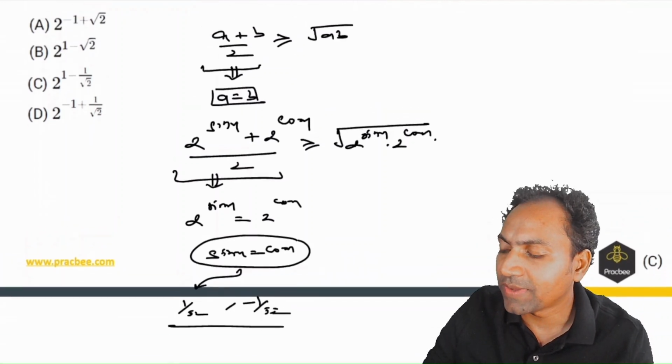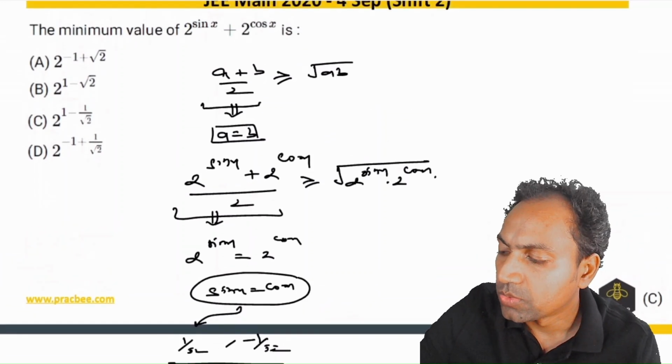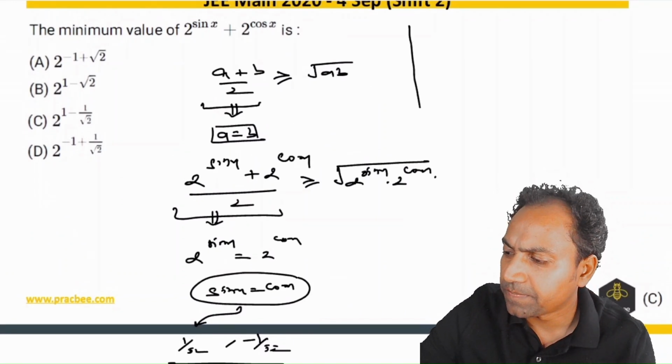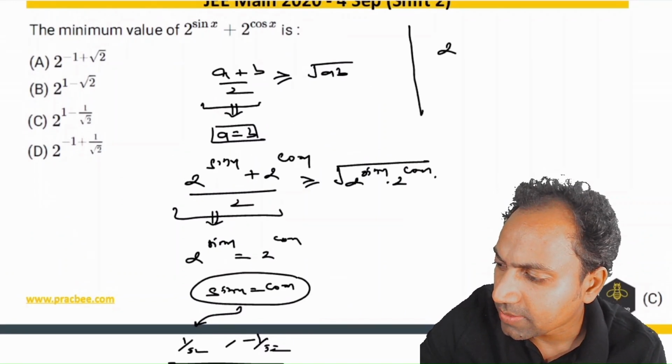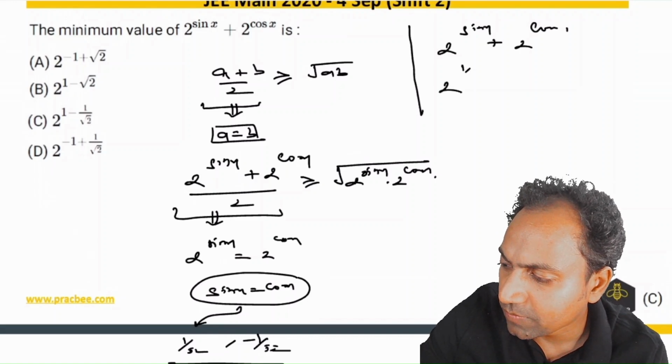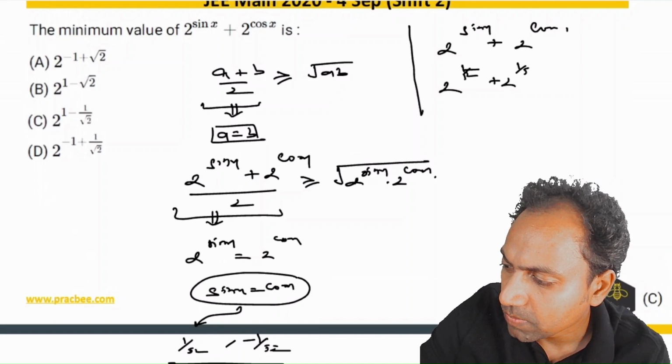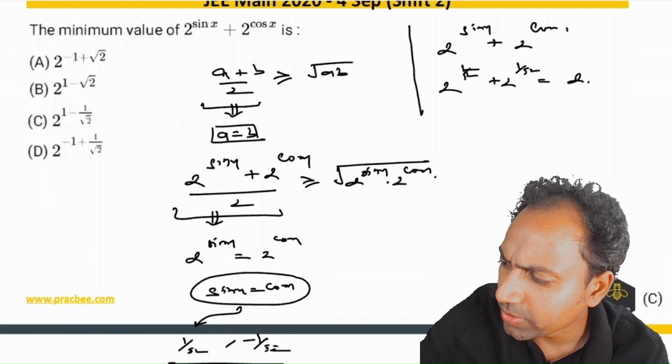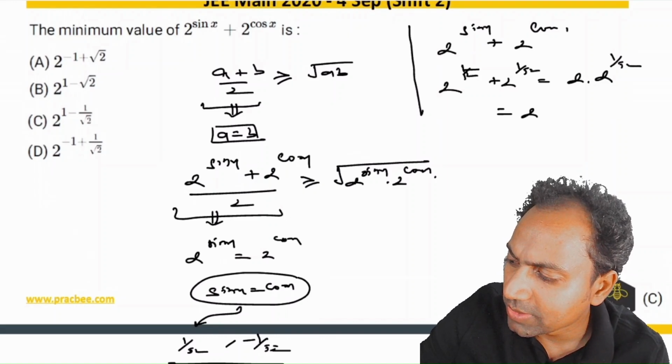If I consider my first value, then for our function 2 raised to the power sin x plus 2 raised to the power cos x, one answer comes out to be 2 raised to the power 1 by root 2 plus 2 raised to the power 1 by root 2. That is nothing but 2 into 2 raised to the power 1 by root 2, or 2 raised to the power 1 plus 1 by root 2.